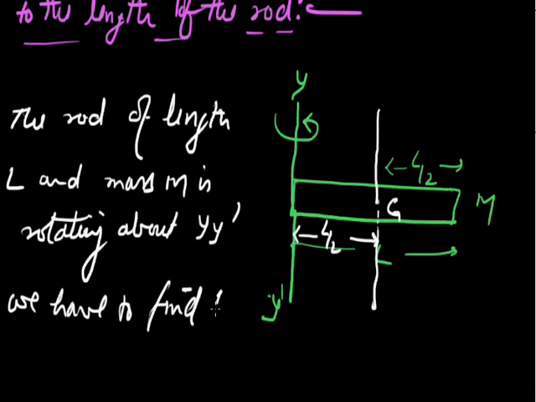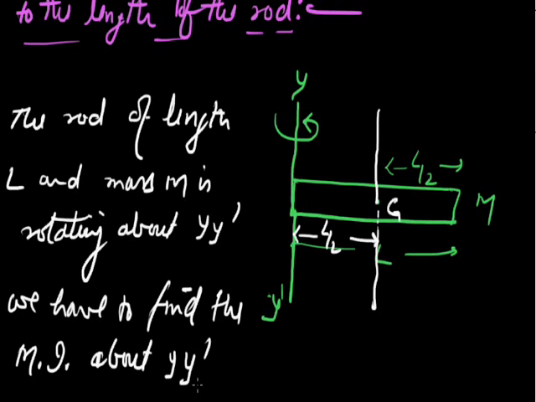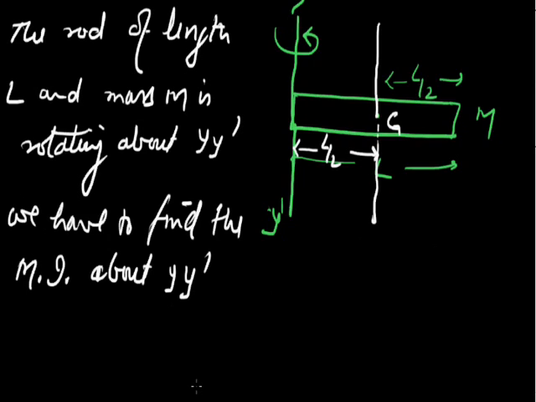To find the moment of inertia about y dash, consider another axis which is parallel to y dash and passing through G, the center of the rod.